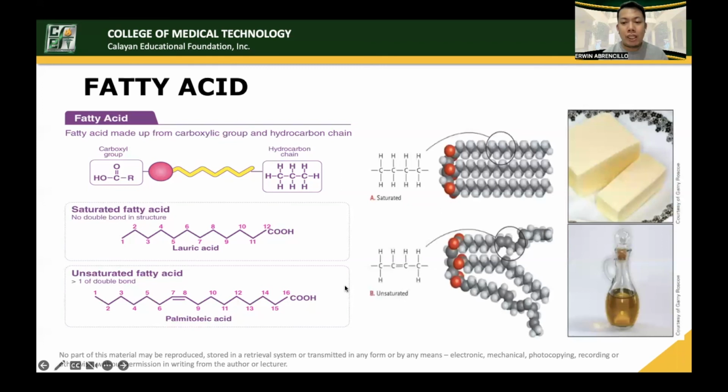So what makes it healthy or unhealthy in the case of the saturated? Since the saturated fatty acids contain all single bonds, they stack well together. When there is a low temperature, they stack well together, though sometimes it doesn't need to be a very low temperature.